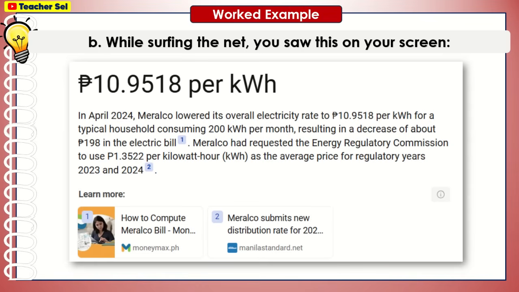Meralco had requested the Energy Regulatory Commission to use 1 peso and 3,522 centavos per kilowatt hour as the average price for regulatory years 2023 and 2024.